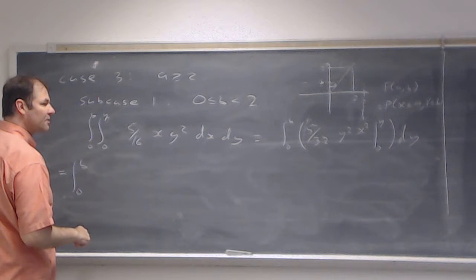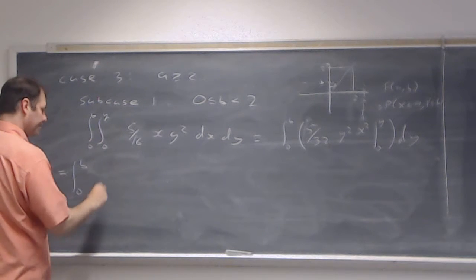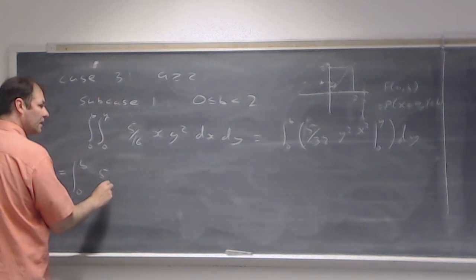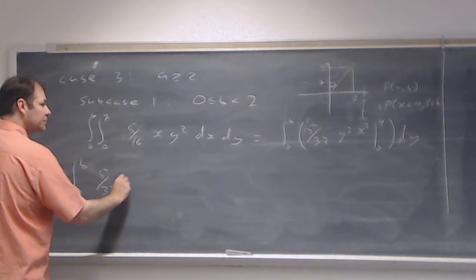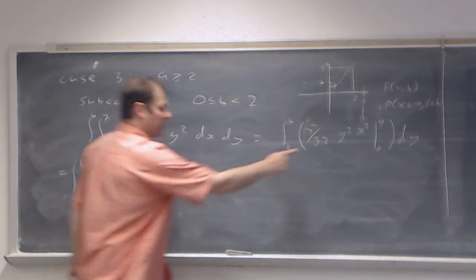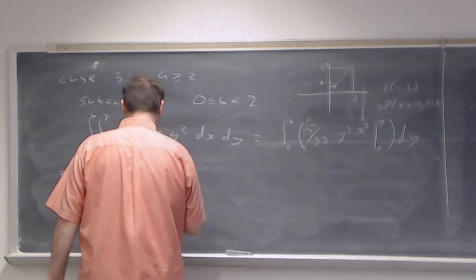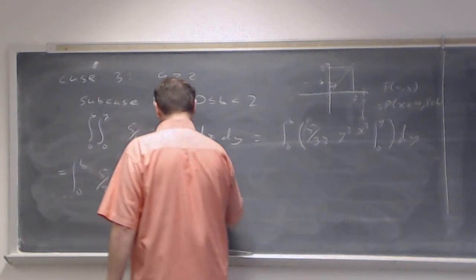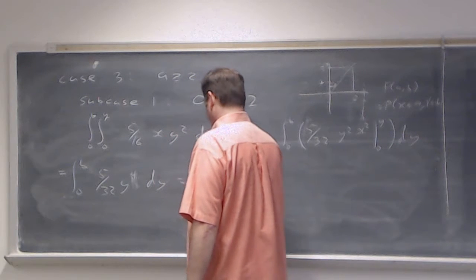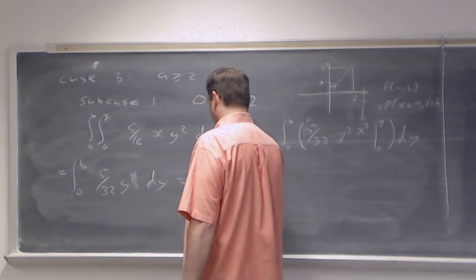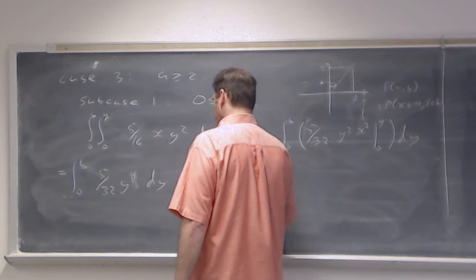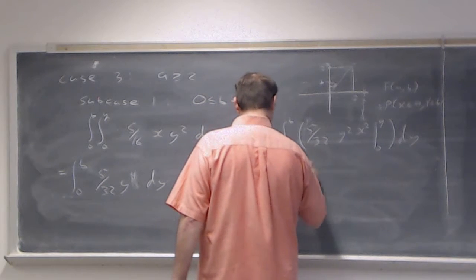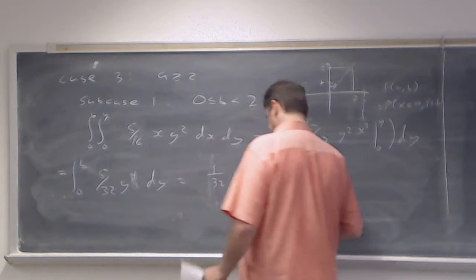When I let x be y, I'm going to get 5 over 32 y to the 4, since y squared times y squared is y to the 4. When I stick in 0, I get nothing. So just this, dy, and the antiderivative for that is 1 over 32 y to the 5th. Stick in 0 to b, I get b to the 5th over 32.